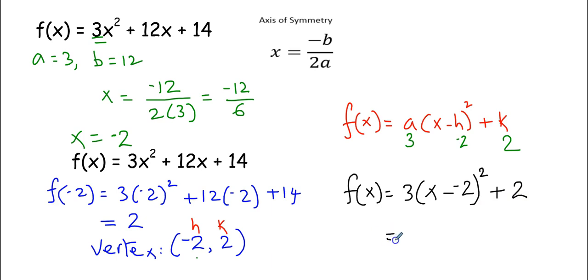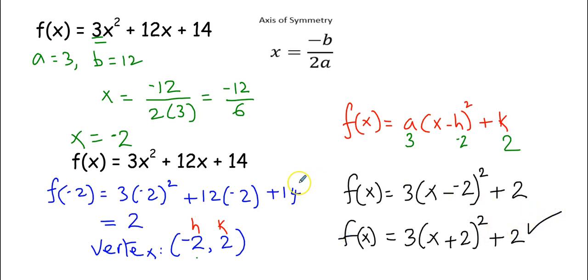Further, I can rewrite it as 3 times x plus 2 whole square plus 2, since negative of negative becomes positive. That is the vertex form of the given quadratic function f of x.